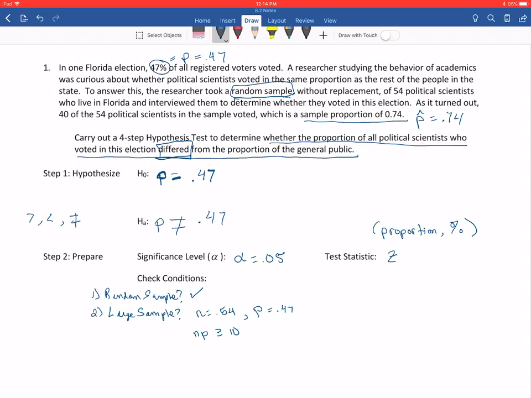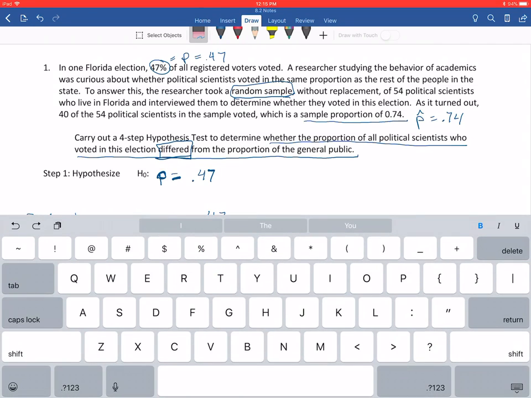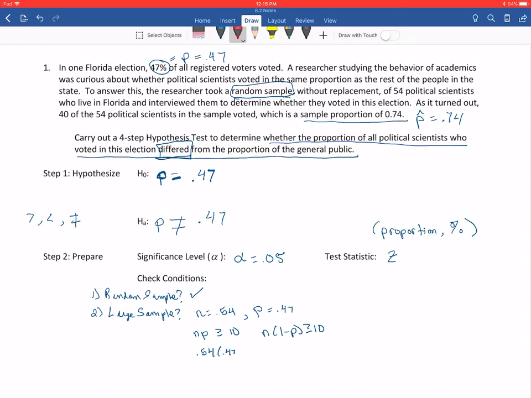So let's check those. Does Np come out greater than or equal to 10? And does n times 1 minus p come out greater than or equal to 10? That's what we're checking. So is 54 times 0.47, sorry, I need to get rid of that decimal point. I'm going to just cross it out because my eraser really hates me and it makes my keypad come up for whatever reason.